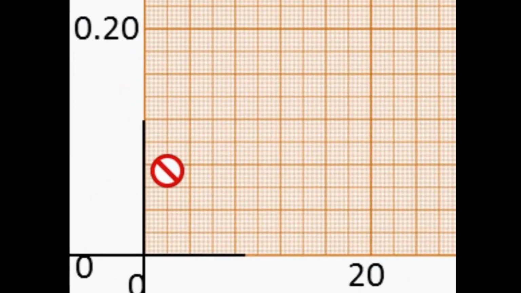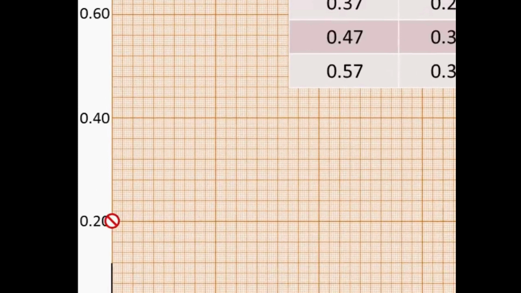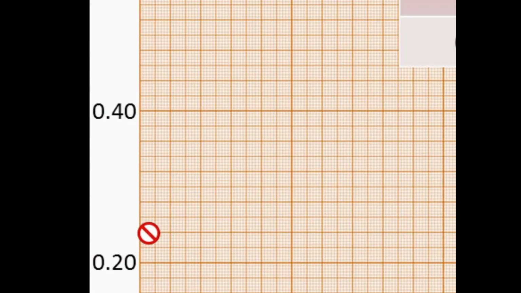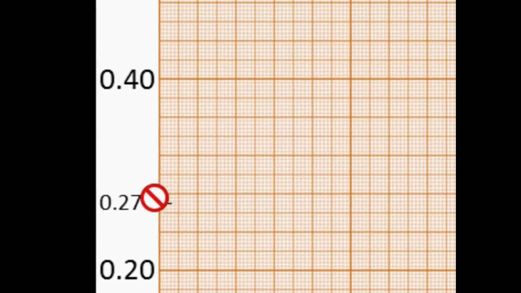Notice that the values have become appropriate: 0.55, 0.73, 0.97, and 1.16. We multiply them by 10 raised to the power minus 3, and also multiply the axis by the same value. We record these values on the horizontal axis. Now the points on the x-axis are 20, 40, 60, 80, and 120.